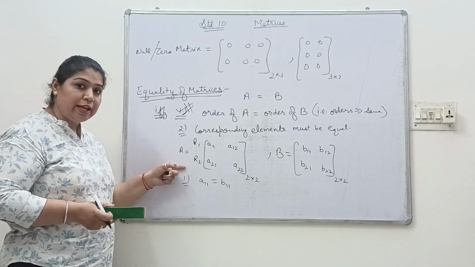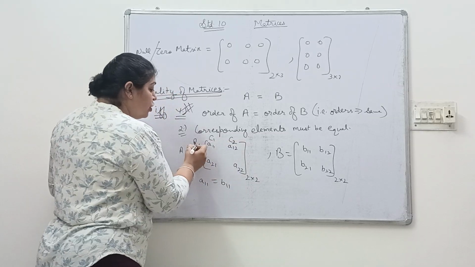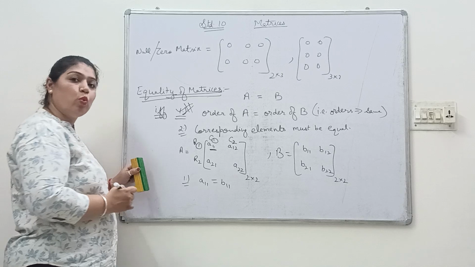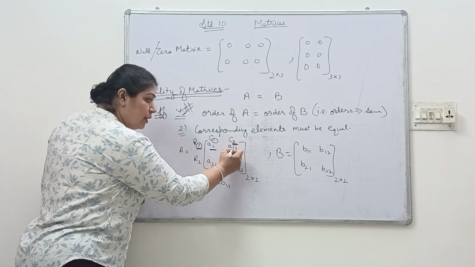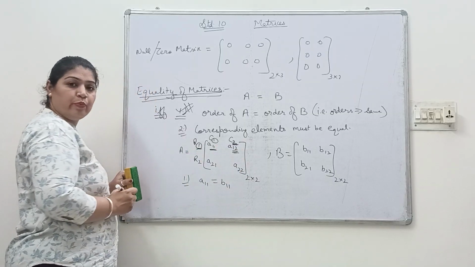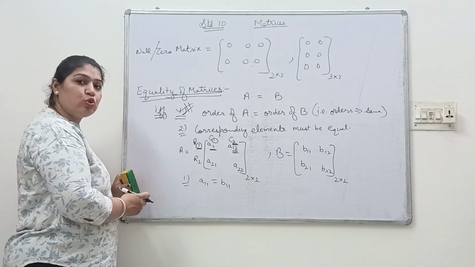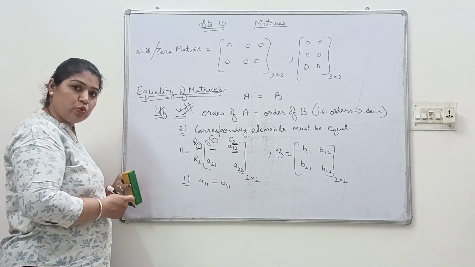We say horizontal lines are rows and vertical lines are columns. So first row, first column, that is A11. First row, second column, that is A12. Again, second row, first column, A21, and second row, second column, A22.